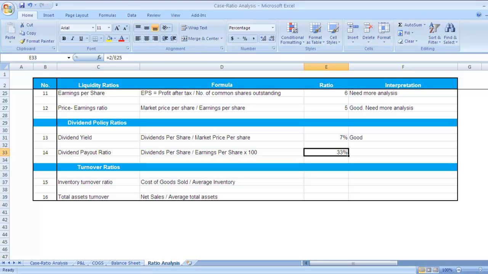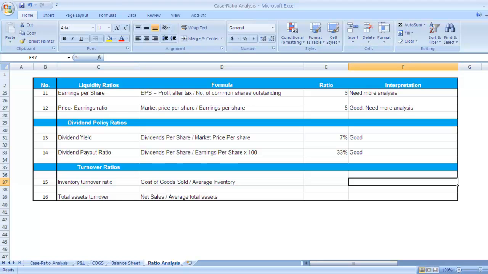It's good, because one third of the total earnings is distributed as dividend, and two thirds is retained for further investment. So I would say good. As long as the company keeps this track record, the company is really managing its finances well and keeping the investors happy also. So with this we'll move to turnover ratios.